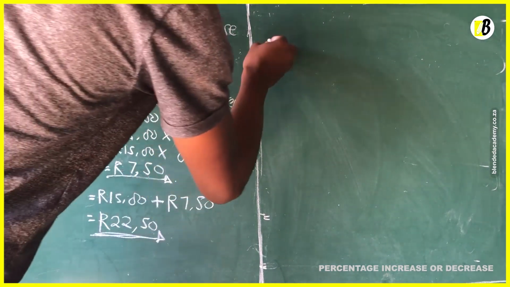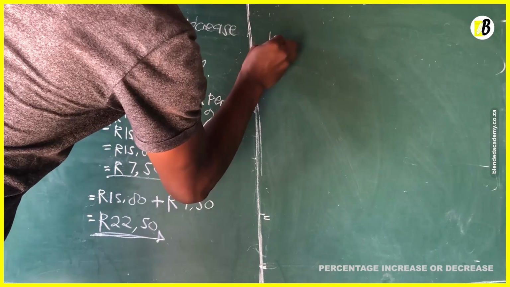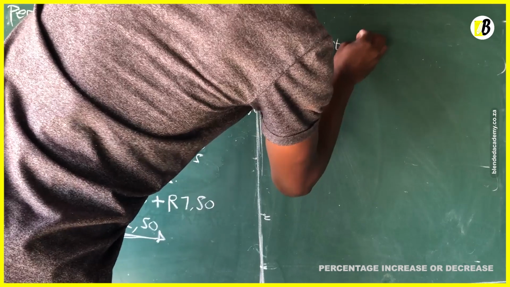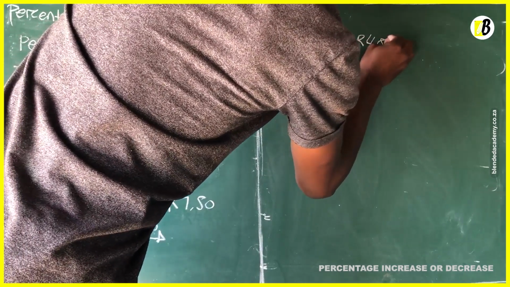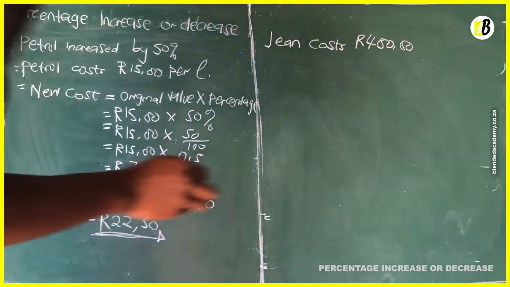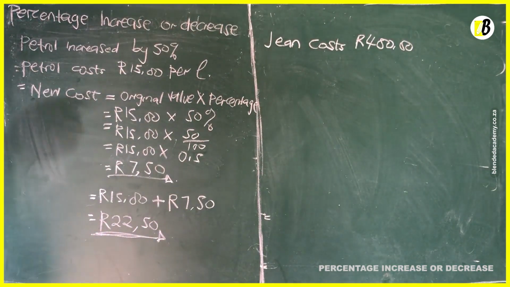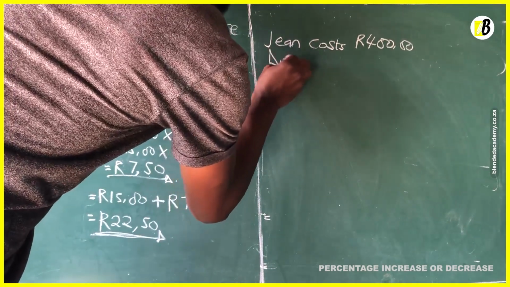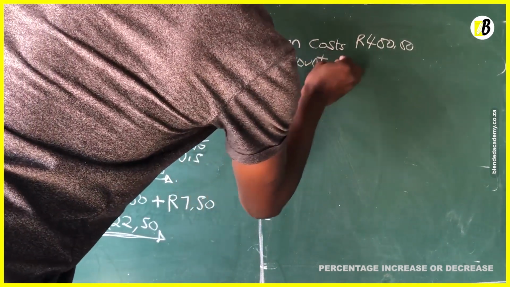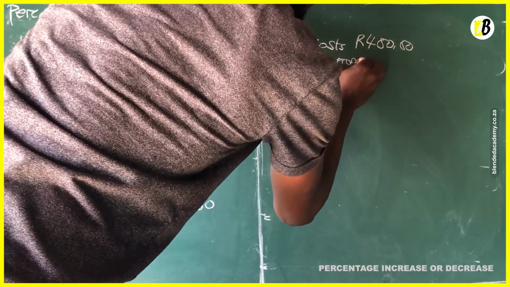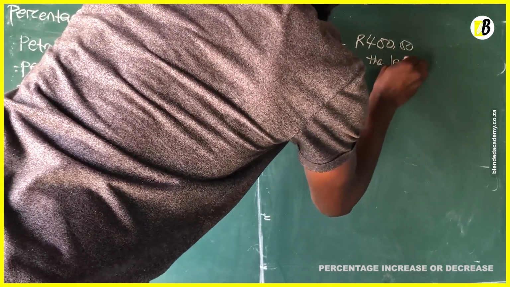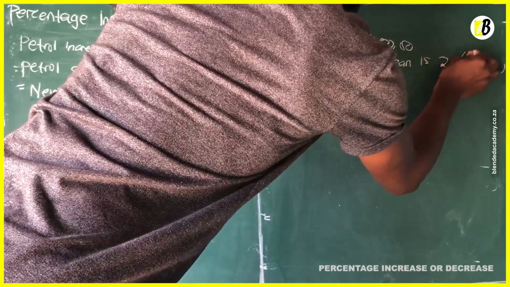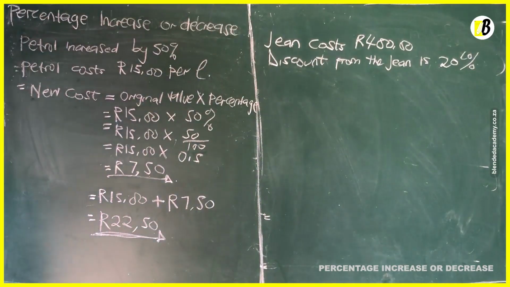Let's see. So the jeans cost 400 Rand, right? Great. And then you're being told by the salesperson that the discount from the jeans is 20%, right?